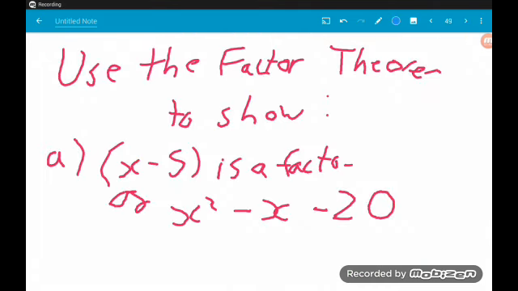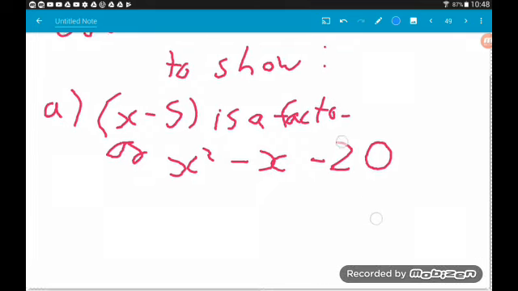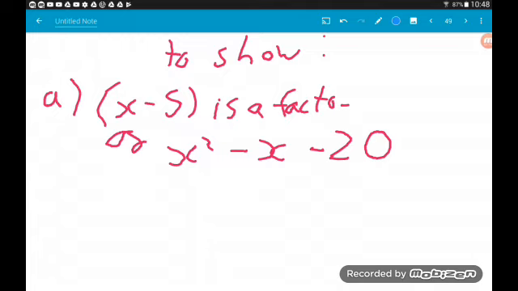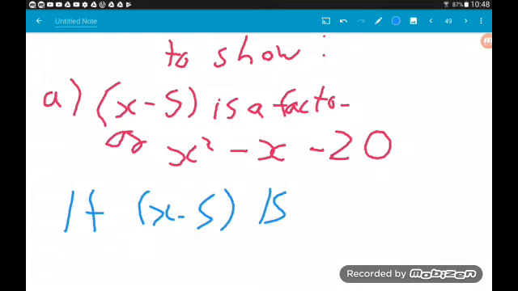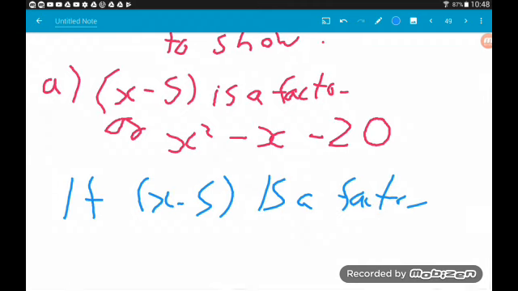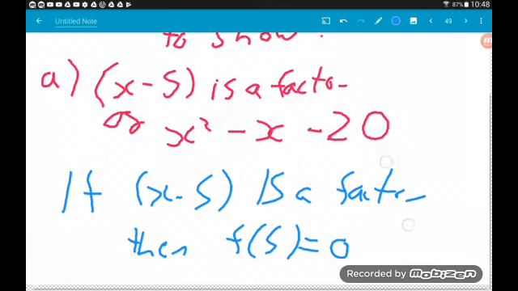Okay, first up we want to use the factor theorem to show that x minus 5 is a factor of x squared minus x minus 20. So, if x minus 5 is a factor, then f of positive 5 will equal 0.